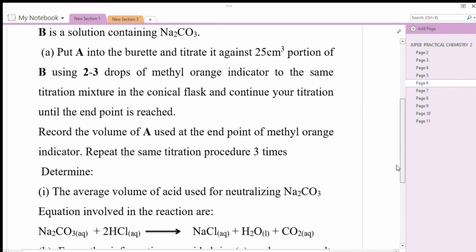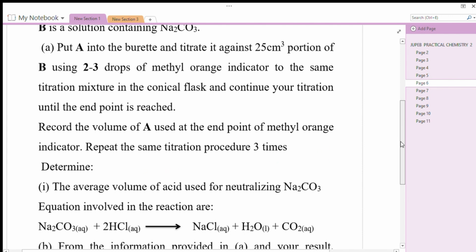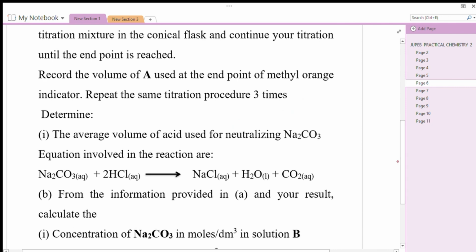Record the volume of A used at the end point of the methyl orange indicator. Then repeat the same titration procedure 3 times. Then determine the average volume of acid used for neutralizing sodium trioxocarbonate.